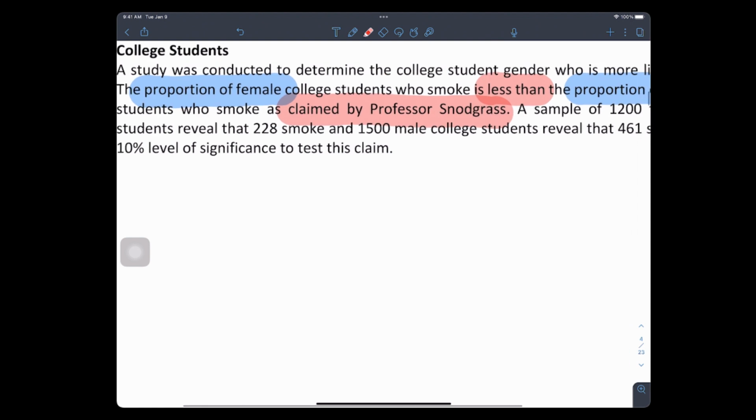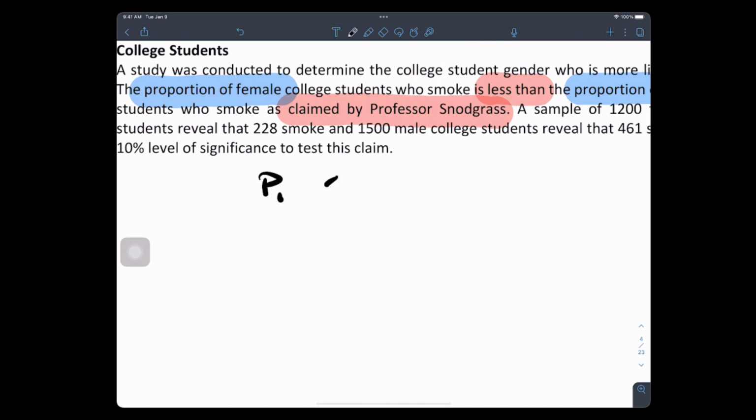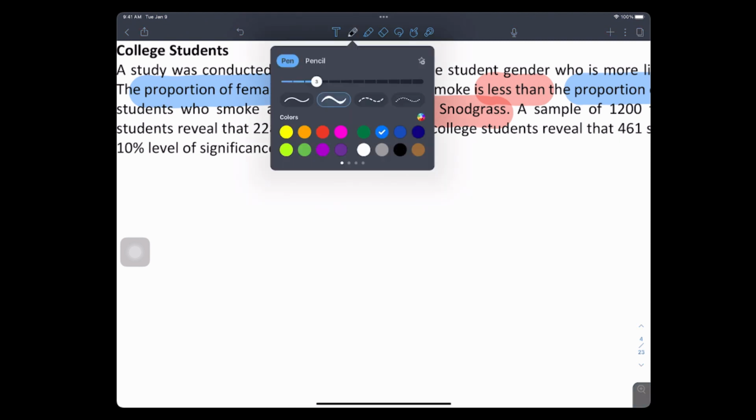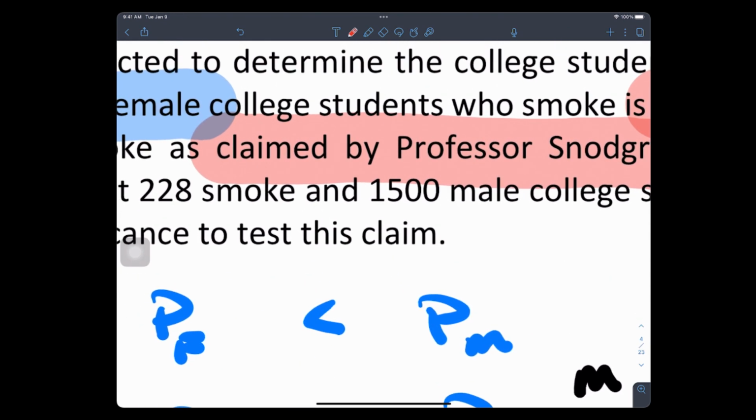So what would you guys write down? You can say PF less than PM, or P1 less than P2, but you want to know female and male. Is this the claim? How do you know it's the claim? Because they say as claimed by Snodgrass.